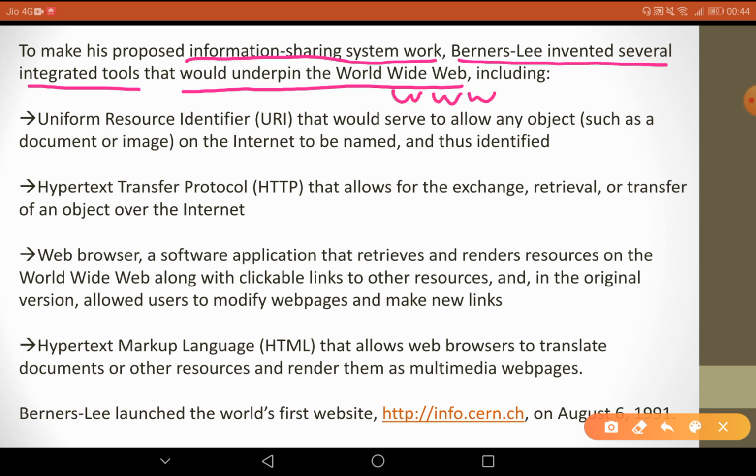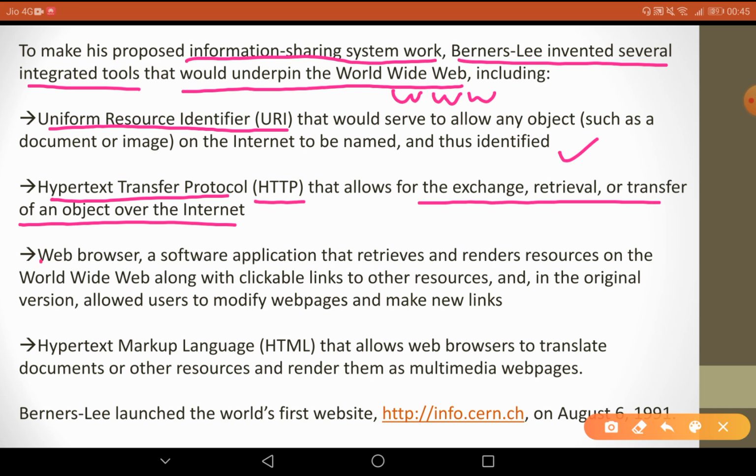So here is the first full form, URI, Uniform Resource Identifier. You can read the definition by yourself. Then HTTP, Hypertext Transfer Protocol. It allows for the exchange, retrieval, or transfer of any object over the internet.